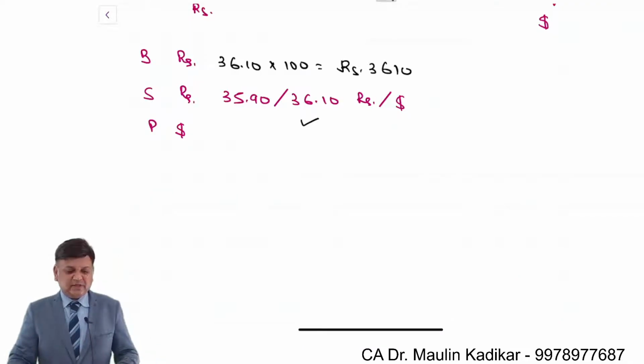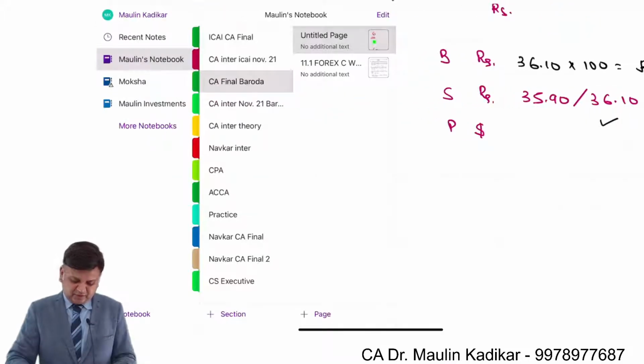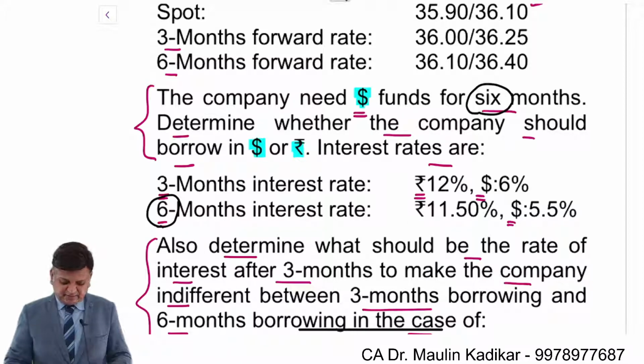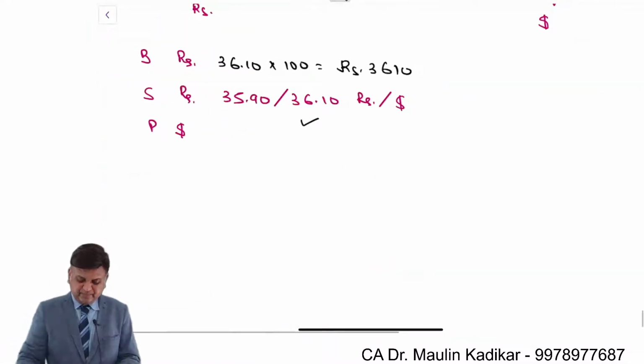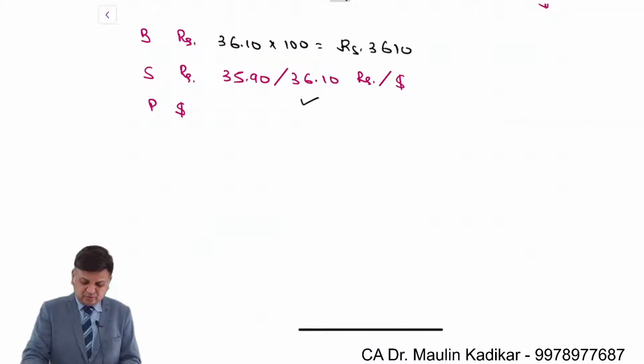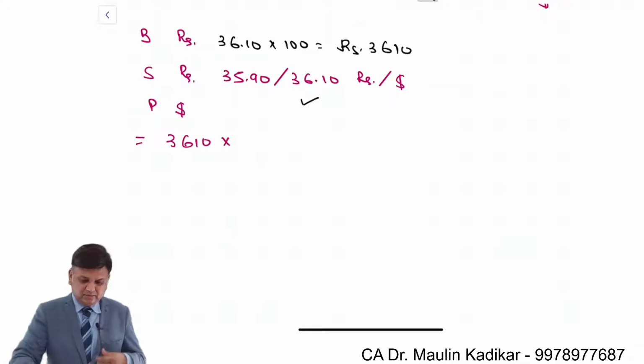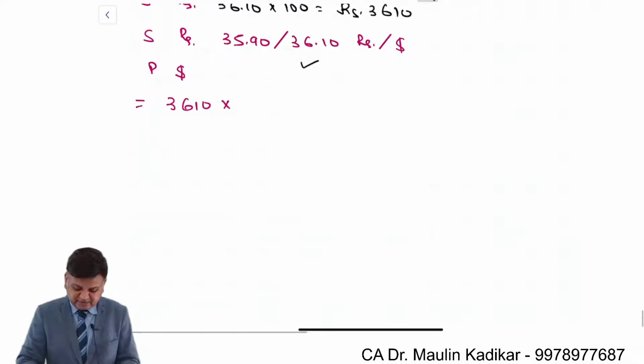Whatever the amount that you have borrowed is for a time period of 6 months. So for a time period of 6 months, for rupee currency the rate of interest is provided as 11.5%. So the answer of the question will be 3610 into 0.115 divided by 2, 5.75%.